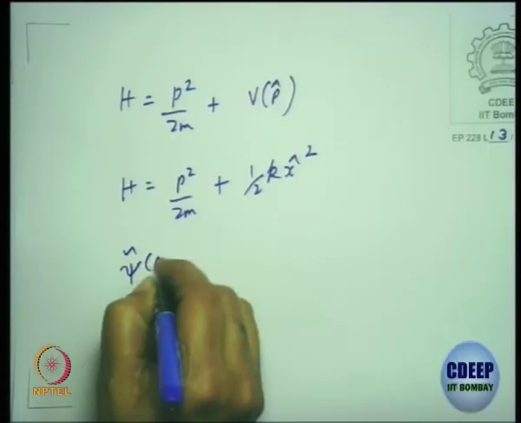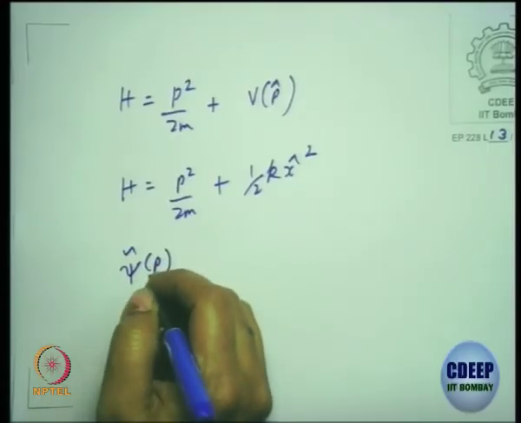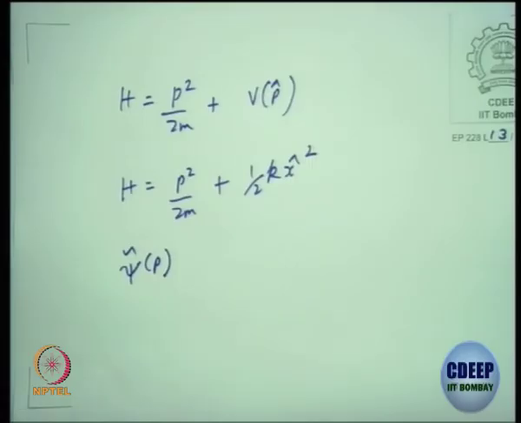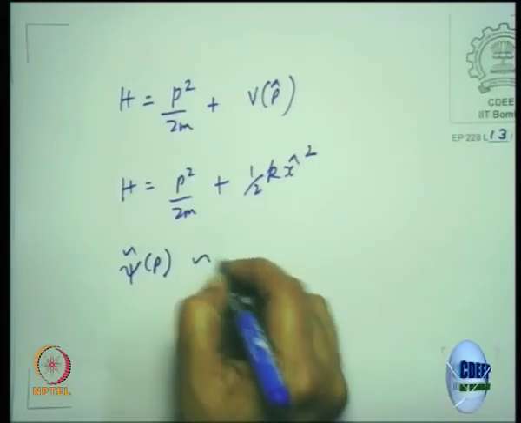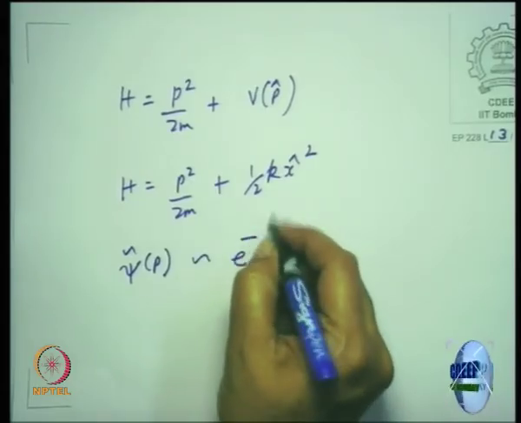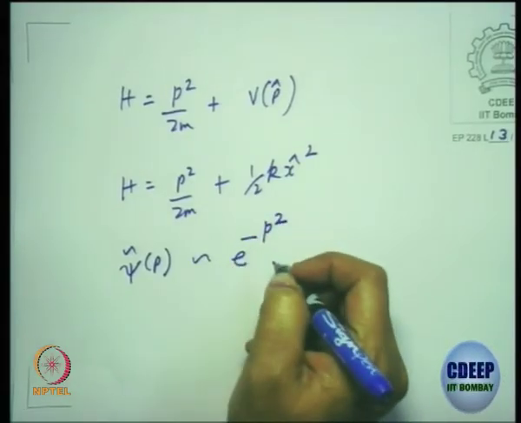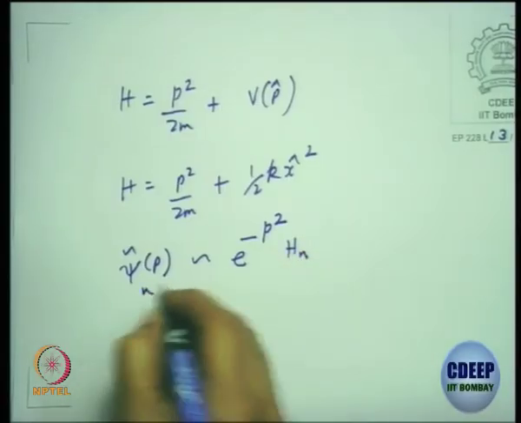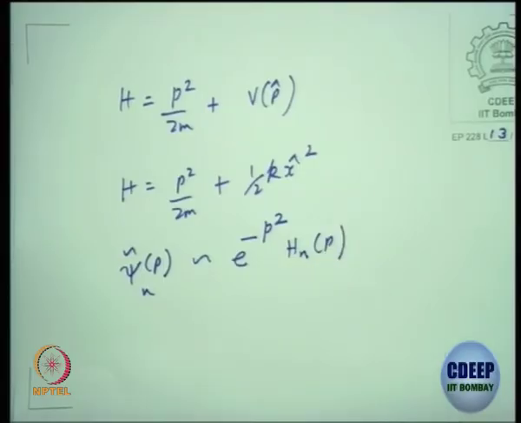So, if you try to write what is the psi tilde of p, apart from these factors of k and m, the form will go like the same form, which is the leading linear term, times you will have an Hn of p apart from those factors of m and k, which is required to make it appropriately dimensionless.